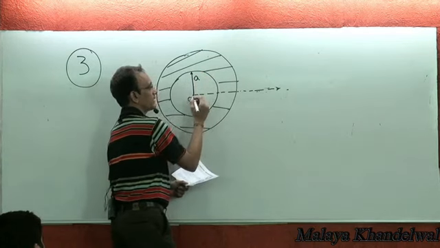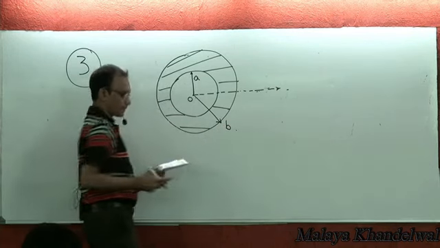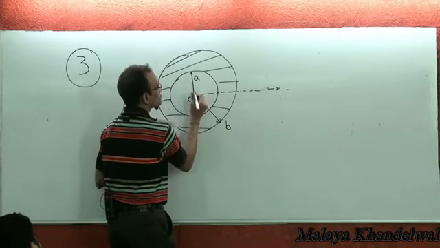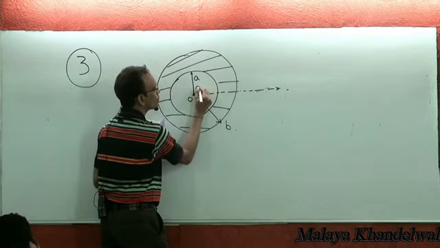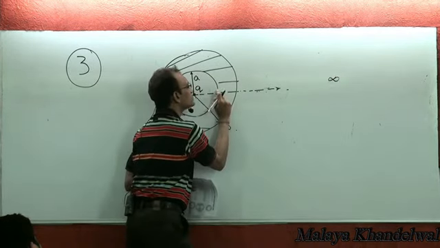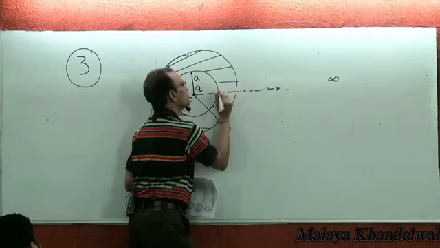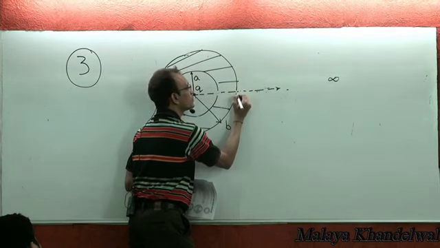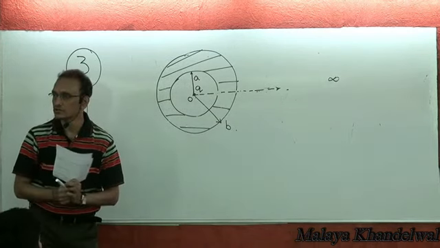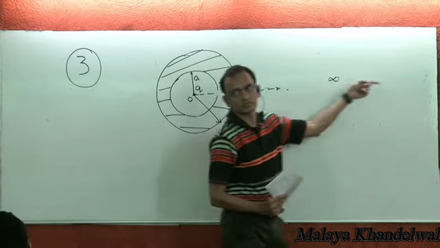The conducting layer has inner radius A and outer radius B. And a charge small q is transported from O to infinity through, let's say, a very small orifice made, which will not affect things otherwise, small enough to not be effective in producing any change relevant, right? Through a very, very insignificantly small orifice, this charge q is transported from this to infinity.